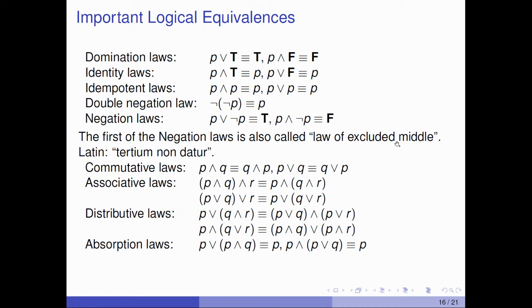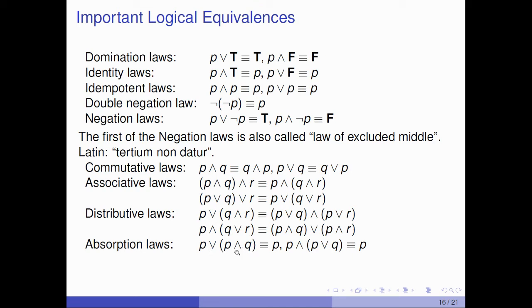So you have commutative, associative, distributive, and absorption. Each of these words that are used: domination, identity, idempotent, double negation, commutative, associative, distributive, absorption, have reasons why they are used here. It describes the process. For example, absorption. Something has been absorbed. You see, it is absorbed here.